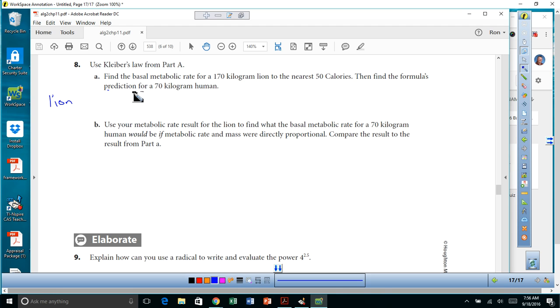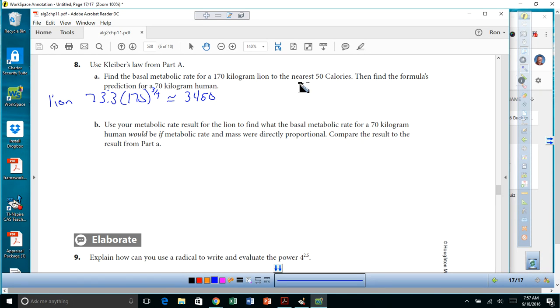That would be 73.3 times the lion's 170 kilogram body mass to the 3/4 power. And that turns out to be approximately 3,450 calories. A little rounding in there.